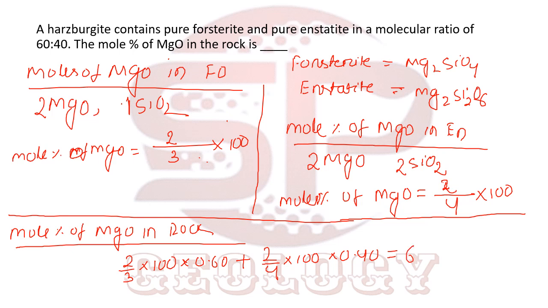It will be 60. The mole percentage of MgO in the rock is 60%.